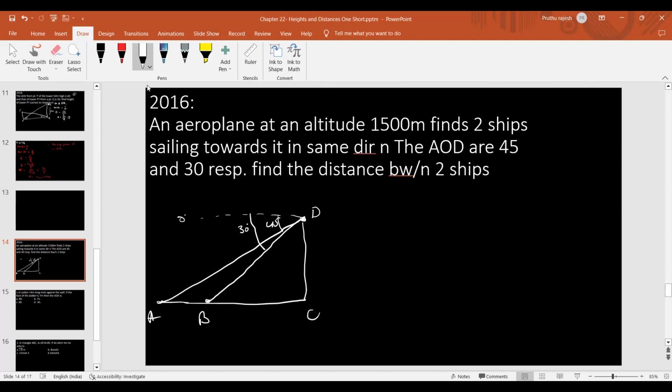Now we have to assume something. Let D be the aeroplane. And A and B are two ships.